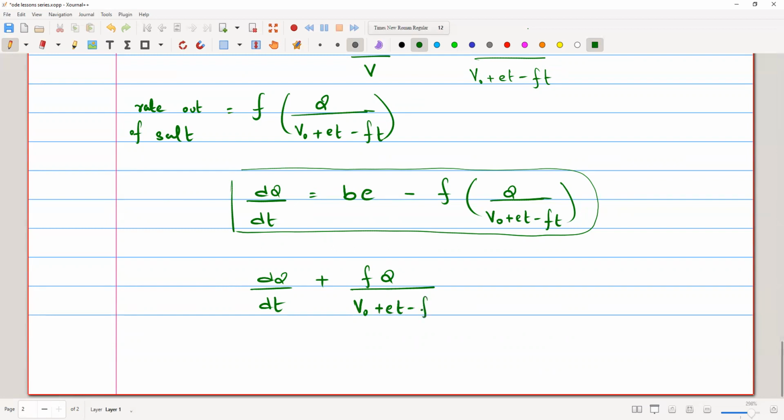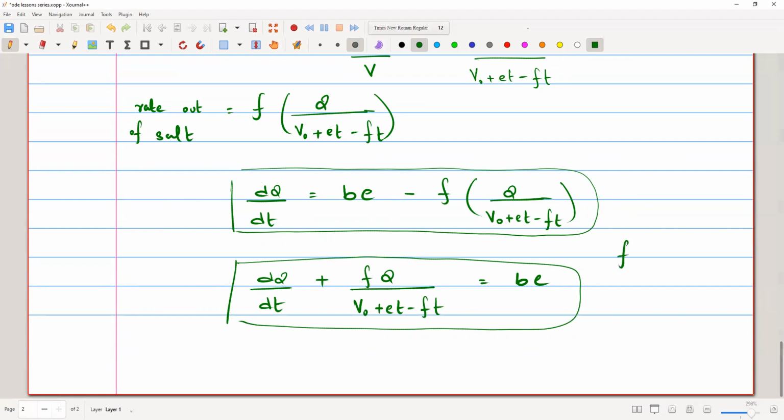If we simplify this expression, we get this kind of expression, where we are given F, E, B, and A, and we need to find the amount of salt at any time t.